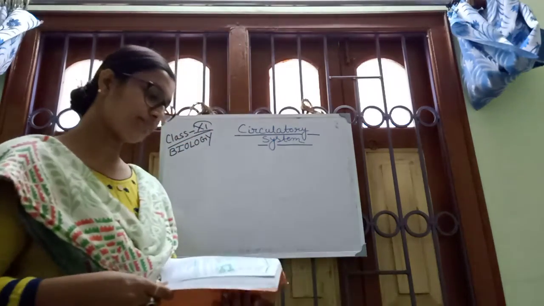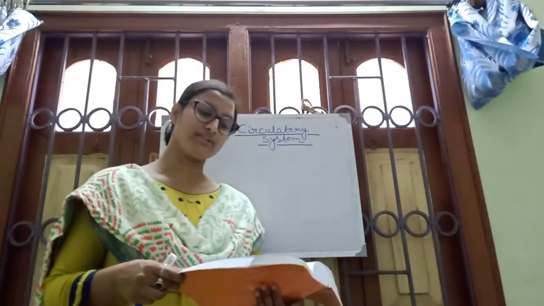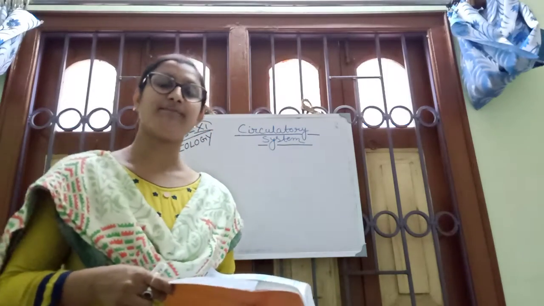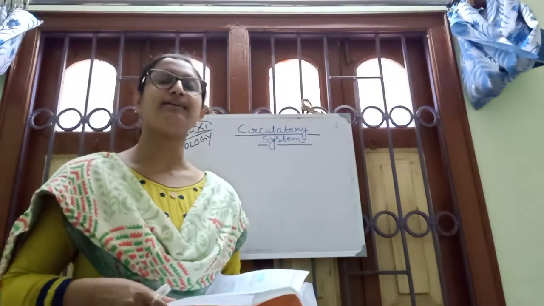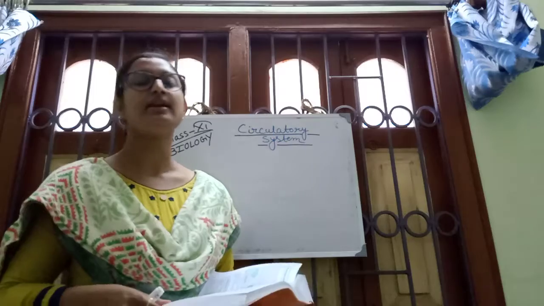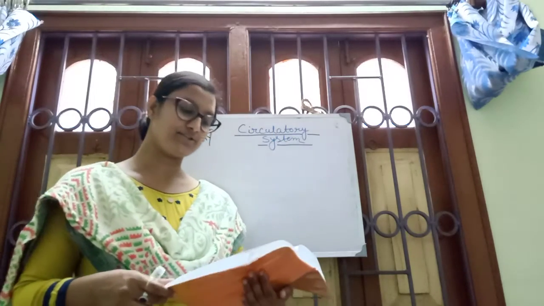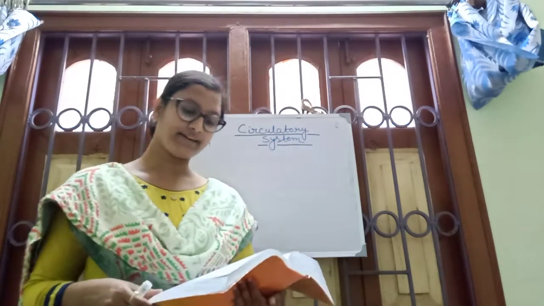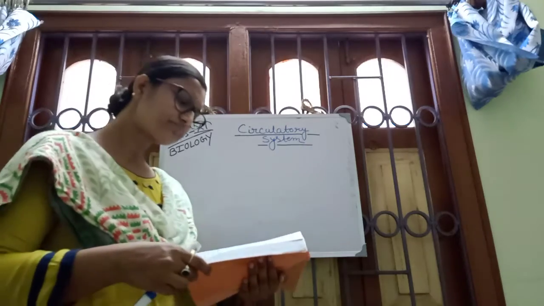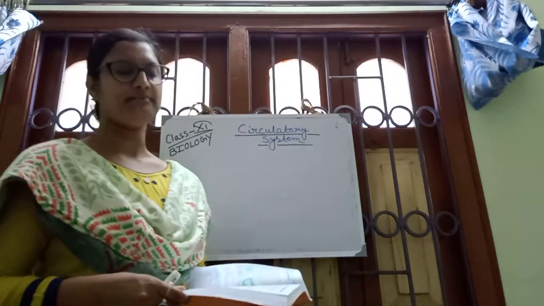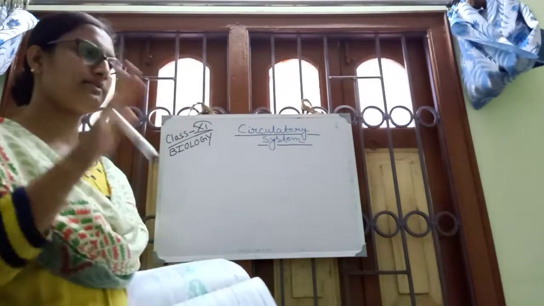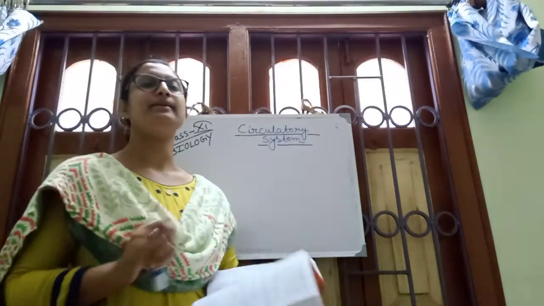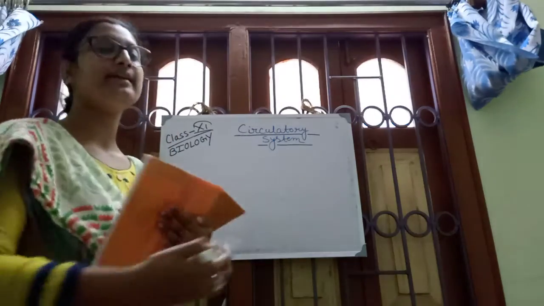The position of the heart: the heart is situated almost in the middle line of the thoracic cavity, between the lungs. The heart weighs about 300 grams, and it is enclosed by a membrane called the pericardium.